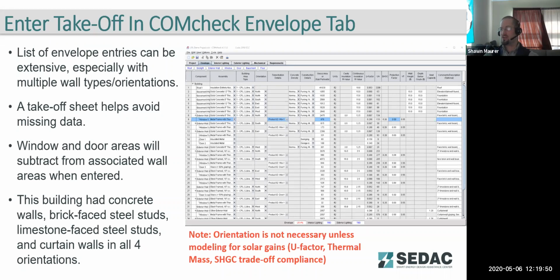So if you do that subtraction ahead of time, you're going to be shortchanging yourself on the applicable area in the building, and that can have an impact on your results. So important to note that COMcheck wants the total wall area, including doors and windows in that wall assembly, and then COMcheck does the math to subtract those out for you.